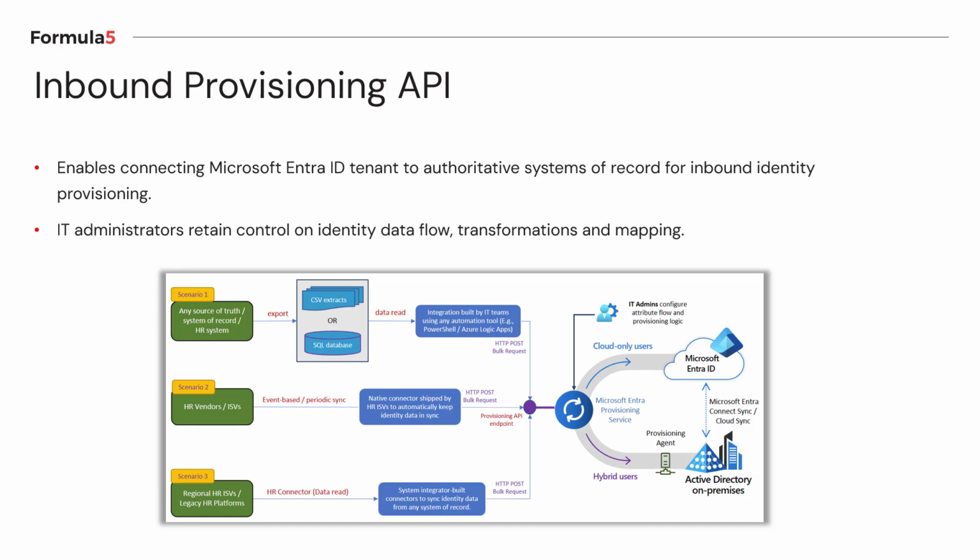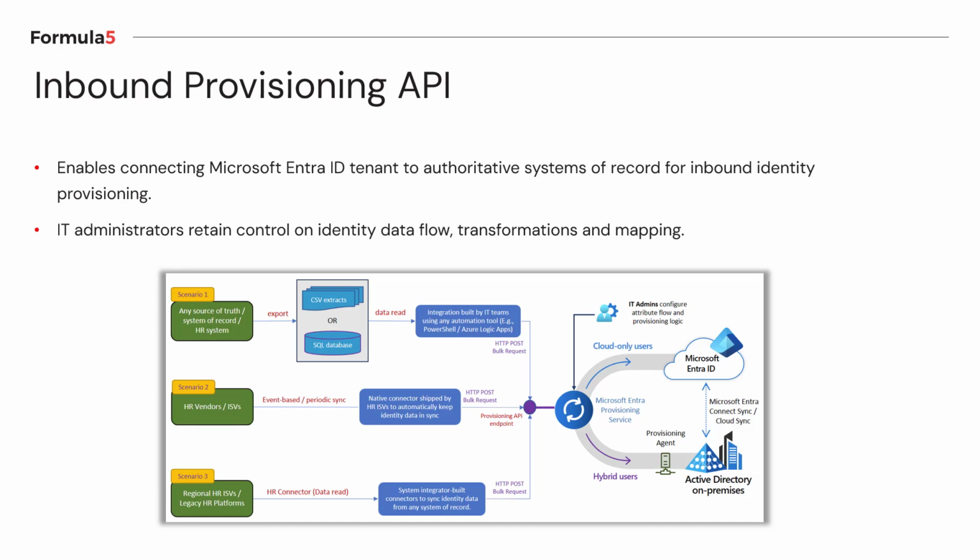As you can see, there are many different sources. This can be a SQL database, CSV files, or other solutions from HR vendors. It can be a custom application. It can be almost anything, because Microsoft Entra provisioning service provides this provisioning API endpoint that we can connect to, and we can push the data about our employees, users, and in the end, their accounts will be automatically created in Microsoft Entra ID.